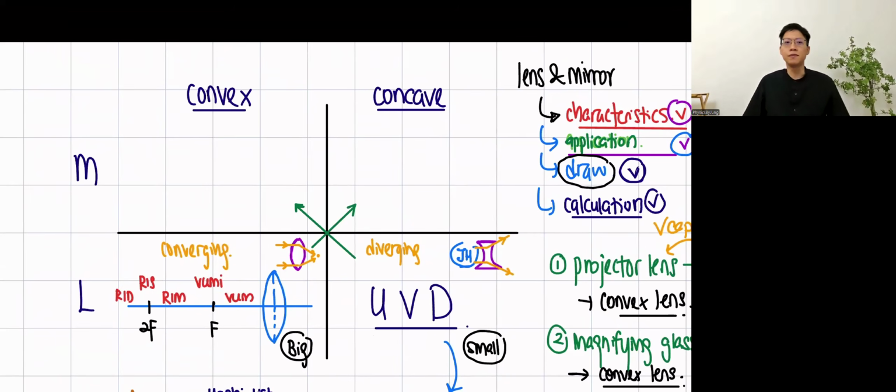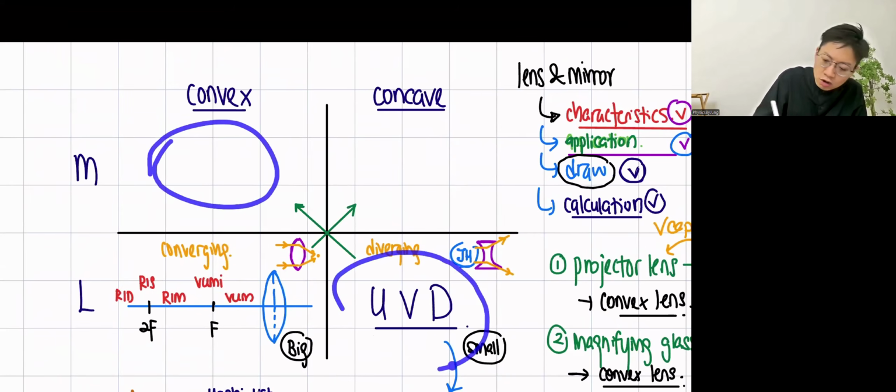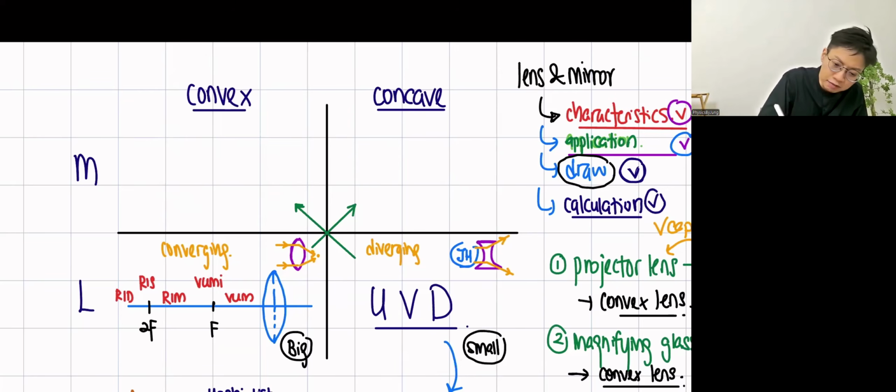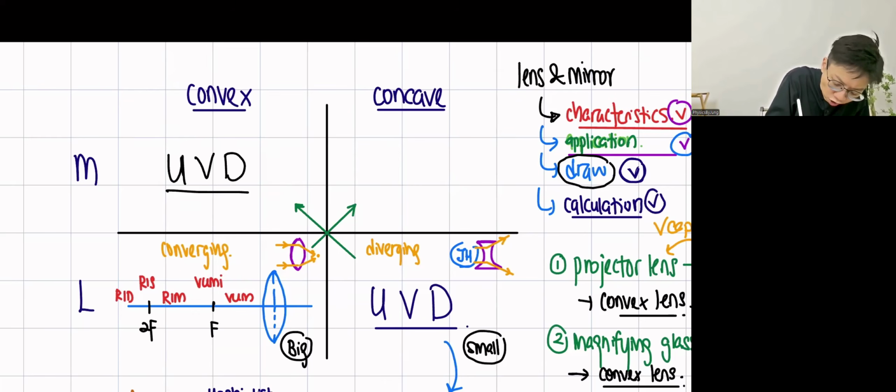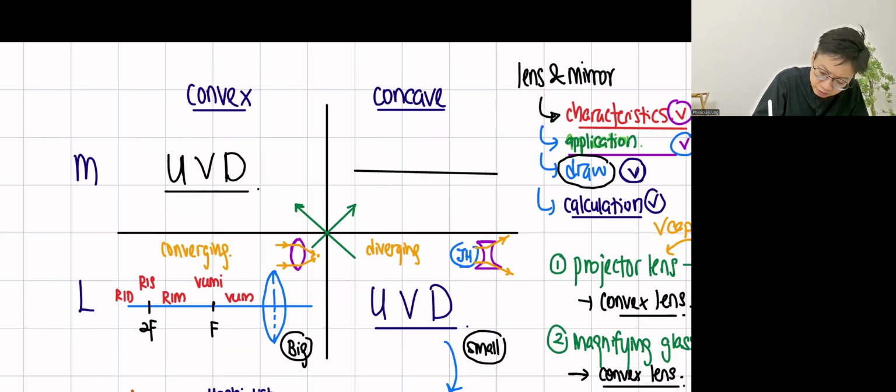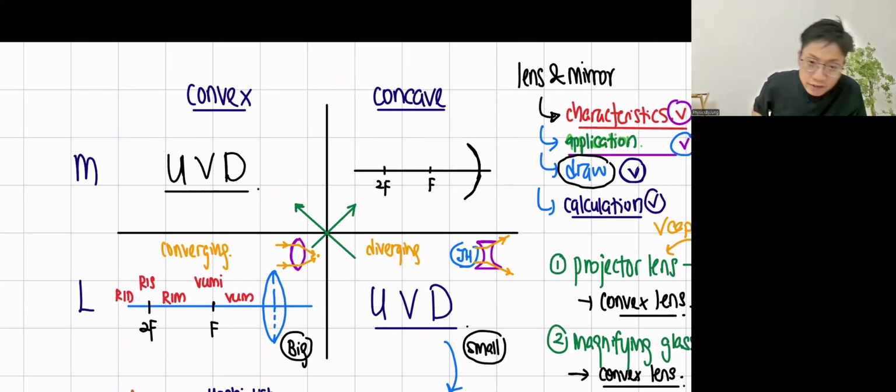You see, a convex mirror is the same as a concave lens. It means that it will also be a virtual image, the U virtual dot. Now for a concave mirror, if you forgot how it looks like, it's a cave like that. It curves inwards, and then there's an F, and then after that there's a 2F.